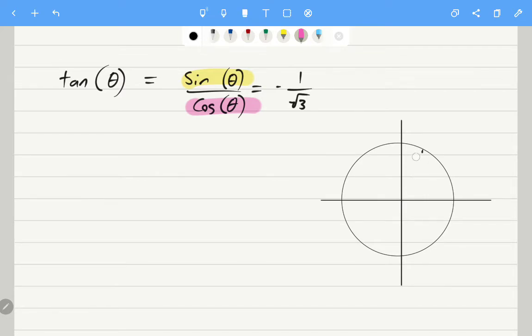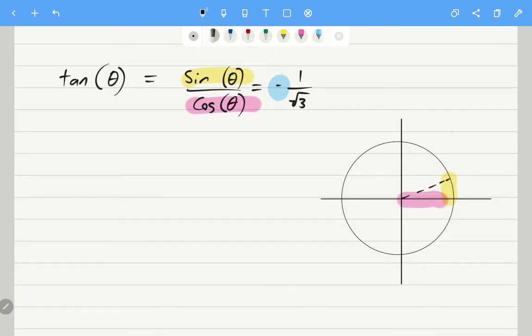So we must be looking for an angle like pi on 6. But there's a reason pi on 6 doesn't work, right? It works in the sense that sine is bigger than cos, but the problem is that the value is negative, and we need to figure out which areas this is going to be negative. So let's have a look.